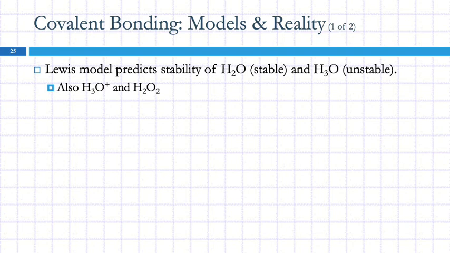So we can use the Lewis model to predict whether a given molecule will be stable or unstable. So let's look at water, H2O and H3O, and see what we find. We already did the Lewis structure for water, so I'm going to just sketch that one out here.